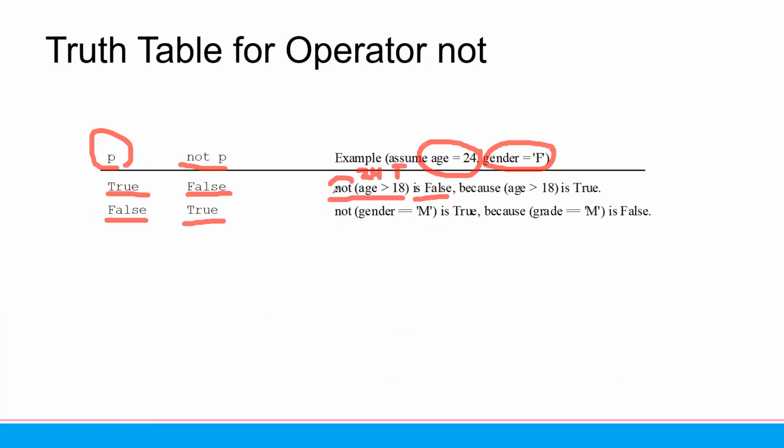But we put the not, so the result is false. Not gender equal M. The gender is F. Okay. So gender equals M is false. But we have not, then it is the opposite. So the result is true.